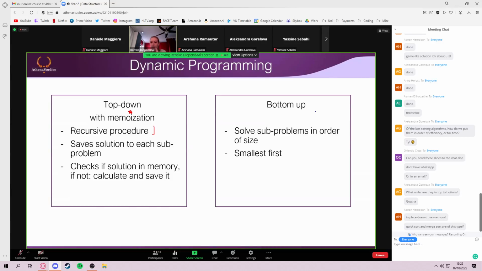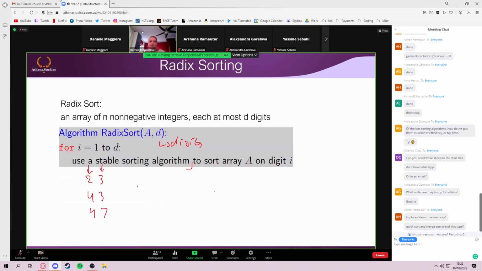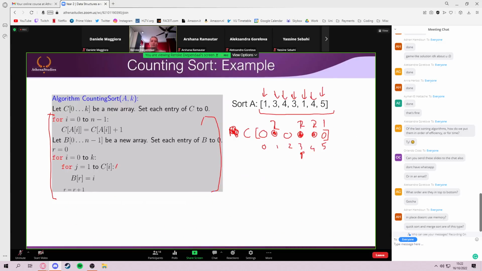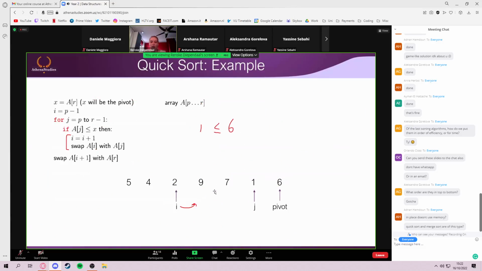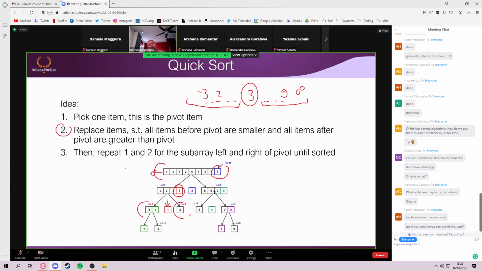Let's see, quick sort and merge sort, of this type. Let's go back to quick sort really quick. So quick sort, I'd say it doesn't really save something to memory and reuse it later.